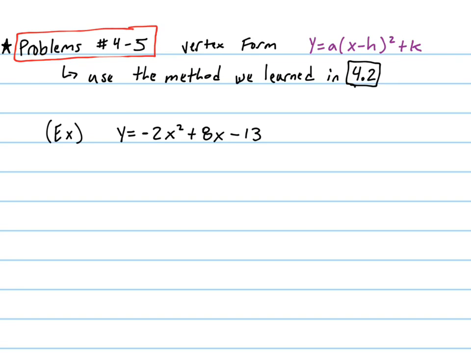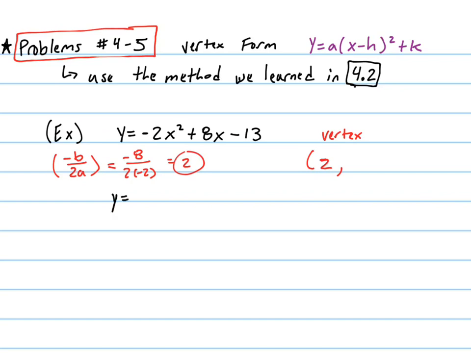By hand, you're looking at calculating the negative b over 2a value, which is essentially your axis of symmetry. So in this case, negative b would be negative 8 over 2 times negative 2, which would be negative 8 divided by negative 4 would be 2. So that means my vertex point right now is just 2 comma something. Well, to find the rest of my vertex, I'll plug this into my original equation.